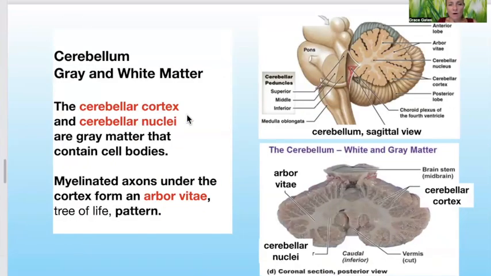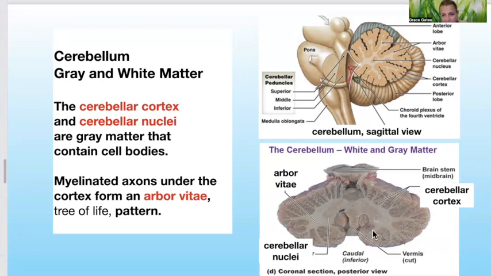All right, there are cerebellar gray and white matter areas. The cerebellar cortex and cerebellar nuclei are the gray matter areas that contain cell bodies. And there are myelinated axons under the cortex that form what's called an arbor vitae, or tree of life pattern.